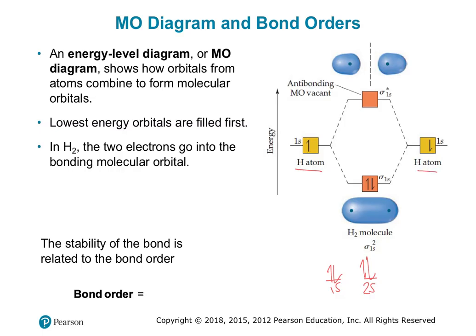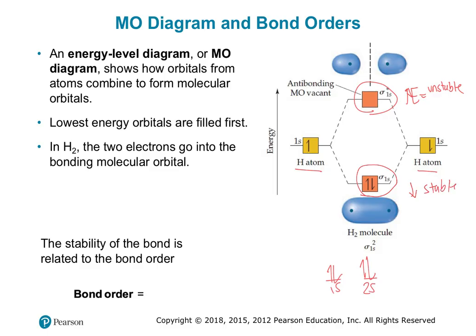You put the valence electrons in there, and then we draw the bonding orbital, or sigma orbital, below and the anti-bonding orbital above. High energy means unstable or repulsive; low energy means stable or attractive.